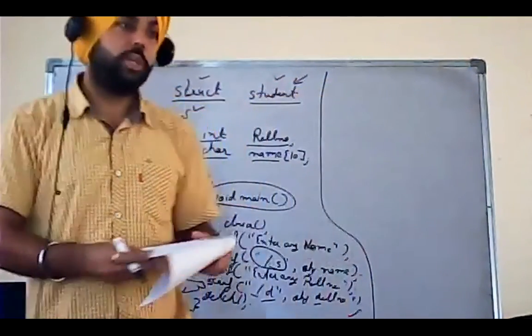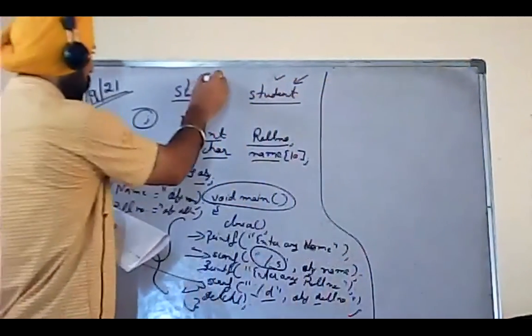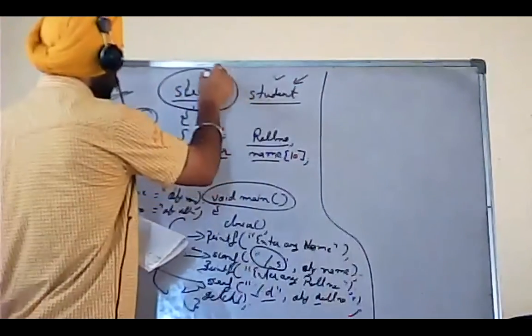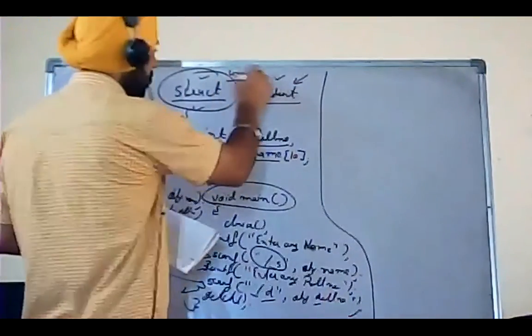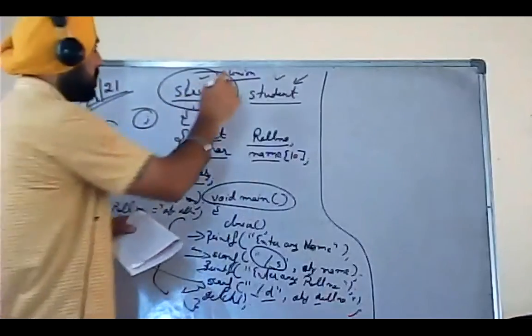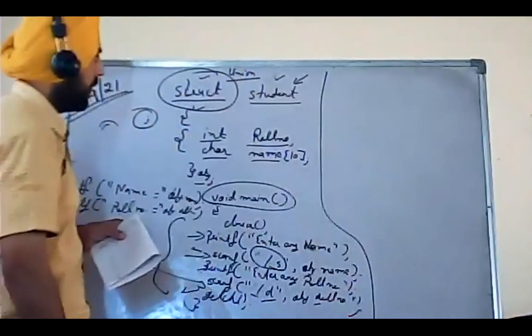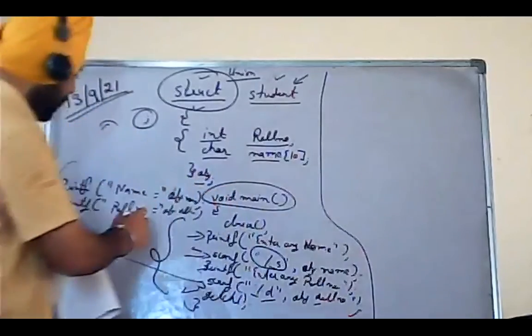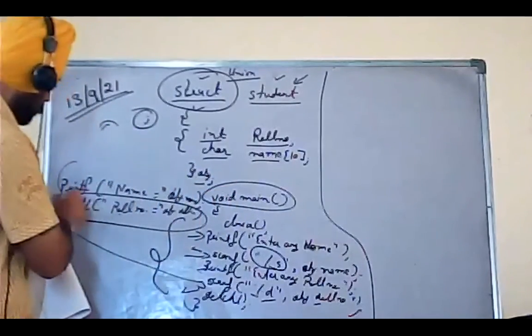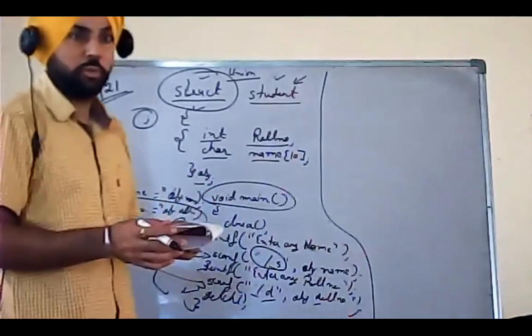If we are talking about the union part, we just remove struct from here and write union. If we write union here, we will get only our last output. It will take input for both values.